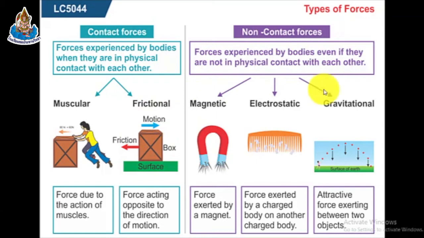Now let's go to non-contact forces. There are three: magnetic, electrostatic, and gravitational force. Magnetic forces are forces exerted by a magnet, simple as that. Electrostatic forces are forces exerted by a charged body on another charged body. Gravitational forces are attractive forces exerted between two objects.